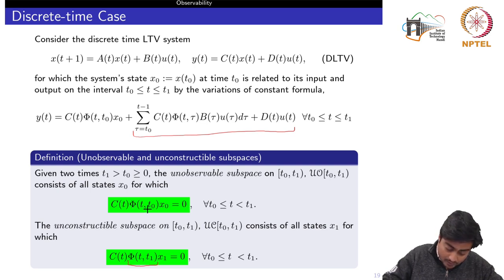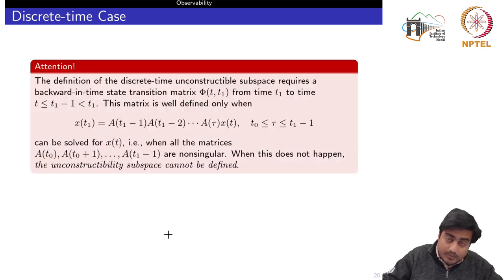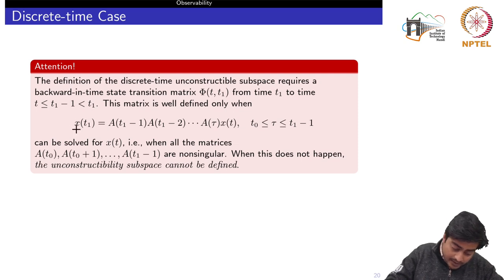Say for this one, phi t comma t0, where t is t0 to t1 again, the initial point is t0 and the final point is t, which is greater than t0. So I am computing the state transition matrix forward in time. But here my initial point is t1 and t is from t0 to t1, so I need to compute the state transition matrix backward in time, and this matrix is well defined only when I compute x of t1, which is represented by this one, for all x t's.